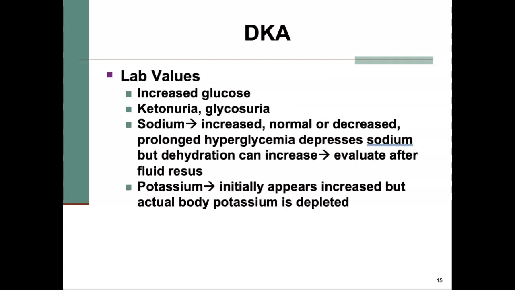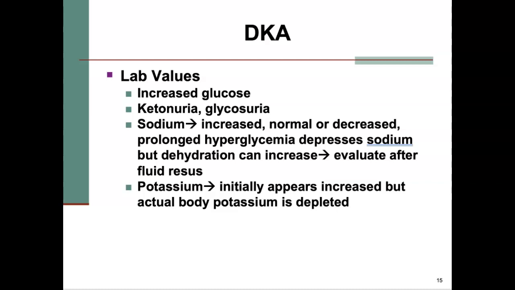So what are you going to see in your lab values? Obviously, hyperglycemia. In the urine, you're going to have high ketones and high glucose. The sodium could be increased, normal, or decreased depending on the fluid status of the patient. If it's prolonged hyperglycemia, it depresses sodium, but dehydration can increase it, so it needs to be evaluated after the fluid resuscitation.